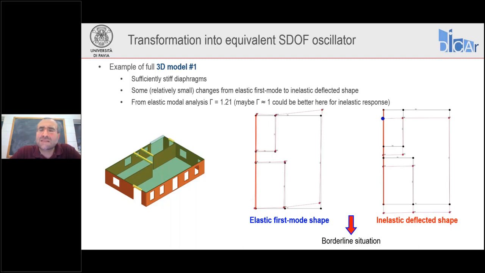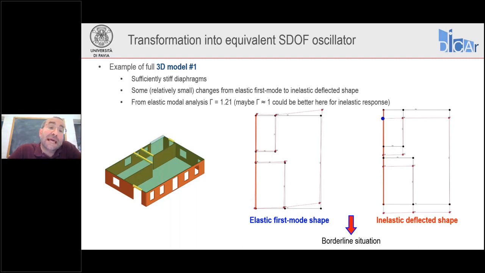Now, in this case, we can see that we have some changes if you look at the plan views, transitioning from the elastic first mode shape to the inelastic deflected shape. We can see that in the elastic first mode shape, displacement concentrate on the right-hand side wall, while in the inelastic deflected shape, basically both walls translate by similar quantities.